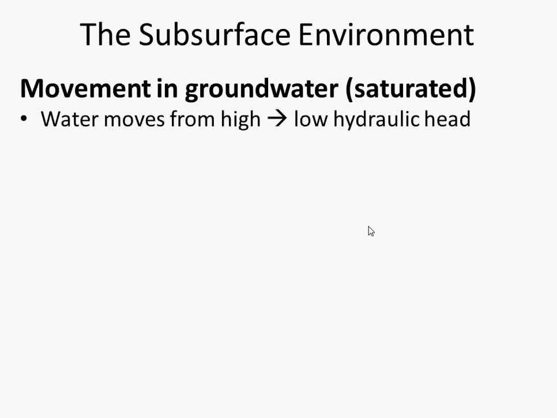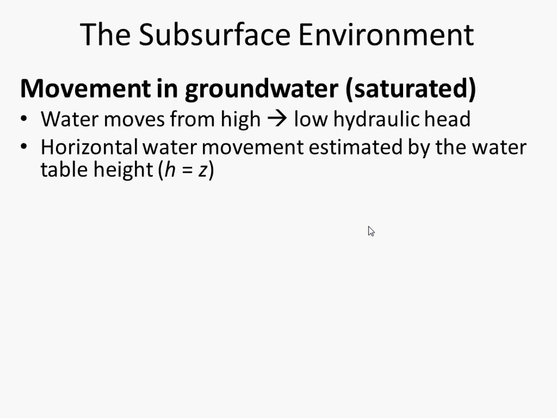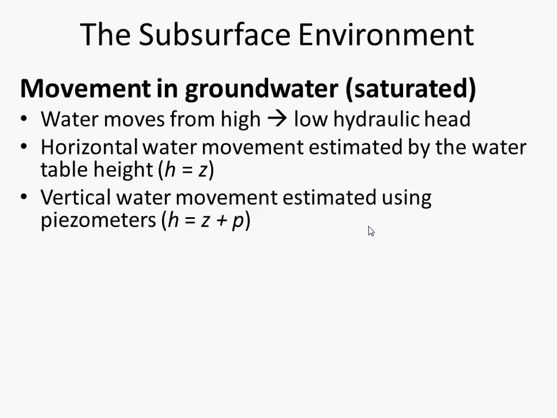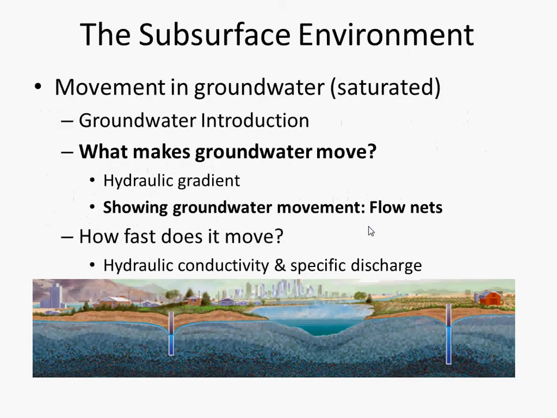So water in general moves from high to low hydraulic head, horizontal water movement is estimated by the water table height, and vertical water movement is estimated using piezometers. Then we can show groundwater movement using flow nets, and that's what the next video is going to talk about.